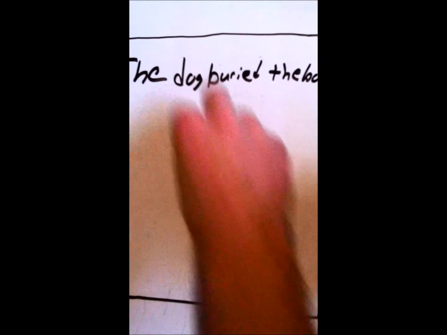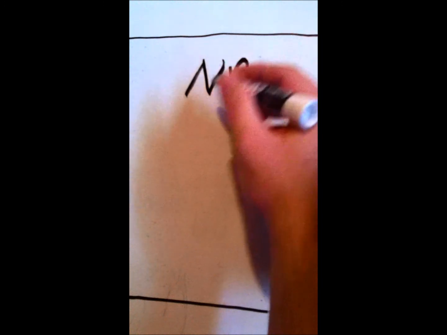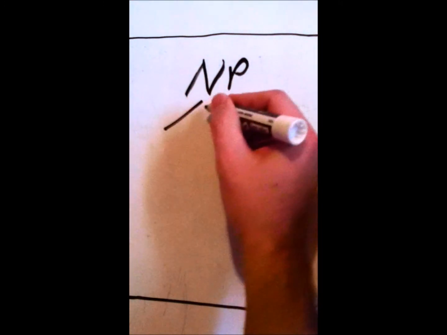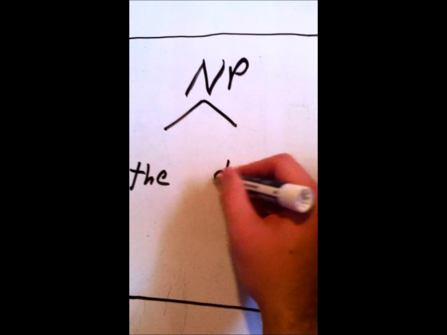Now let's look at the noun phrase a little bit closer. Coming off this noun phrase, we have the and dog.